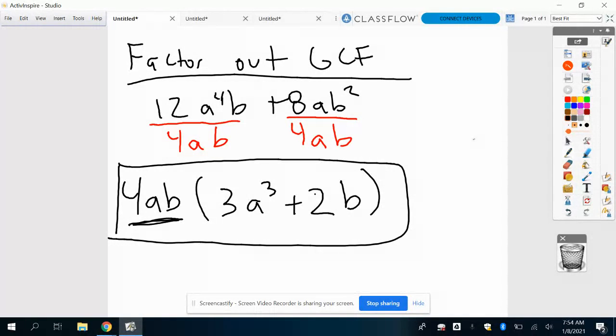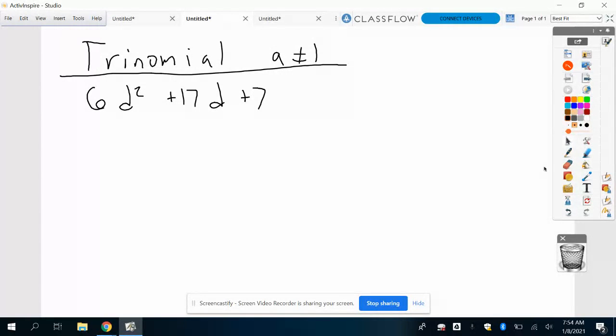The next one that we're going to review is factoring a trinomial when a is not 1. Trinomial means 3 terms, and this is a quadratic because the highest degree is 2. If we remember for these problems, we start by taking a times c.